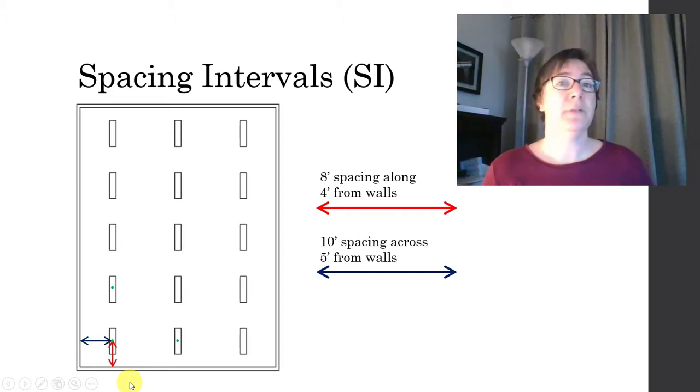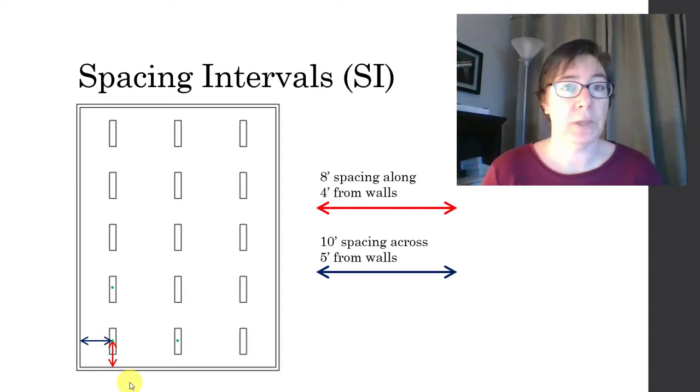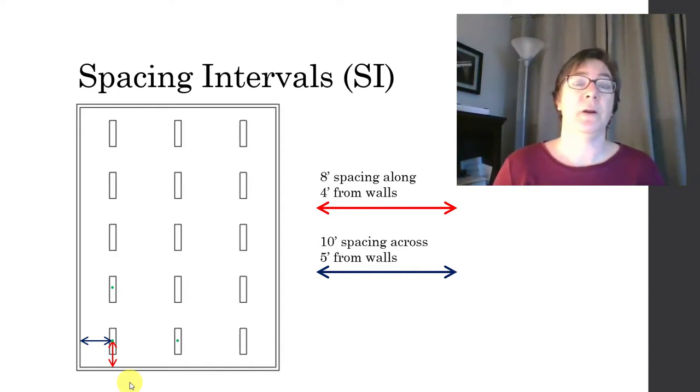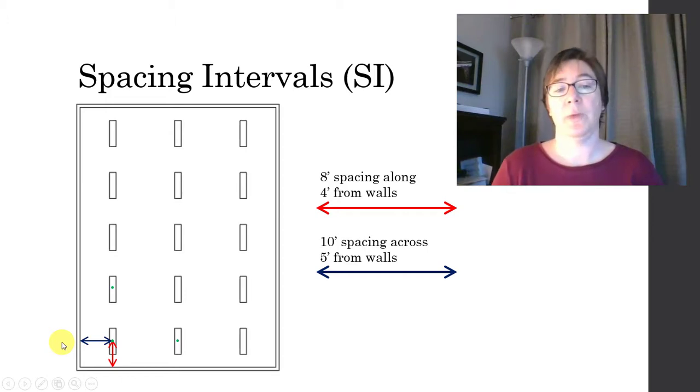In the across direction or perpendicular direction, we calculated a 10-foot center to center spacing. Therefore, half of that, we would like our fixture to be spaced 5 feet from the walls in the across direction, the perpendicular direction, shown with the blue arrows.